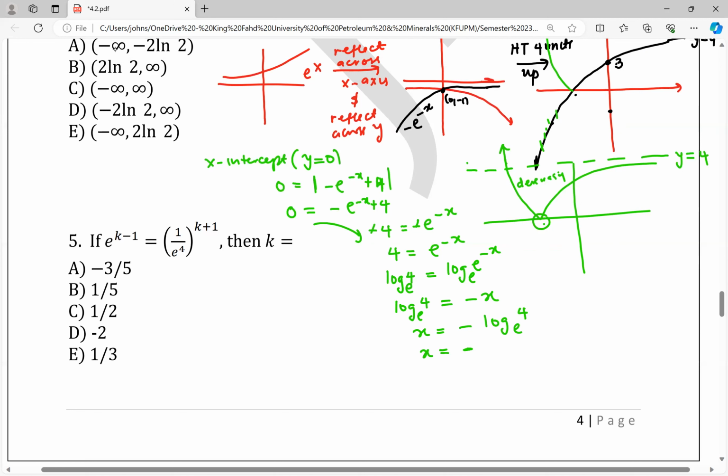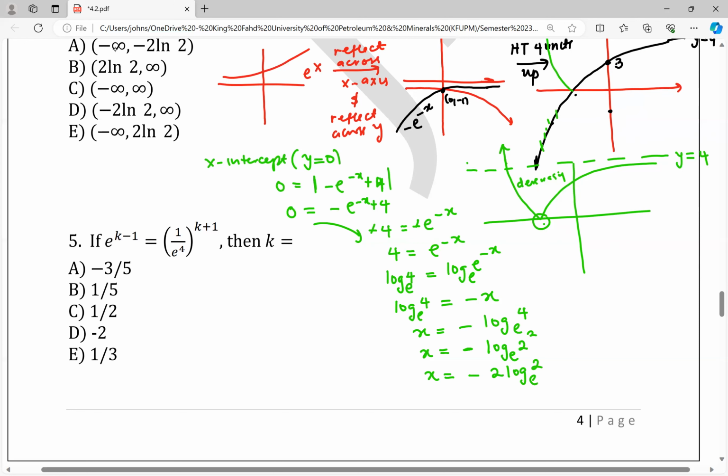You can see this as log to base e of 2 power 2, because 4 is 2 to the power 2. One of the laws of logarithm is that this 2 can come down, so that becomes minus 2 log to base e of 2.